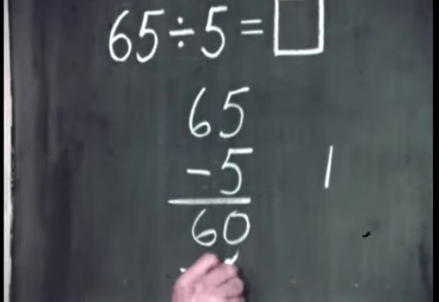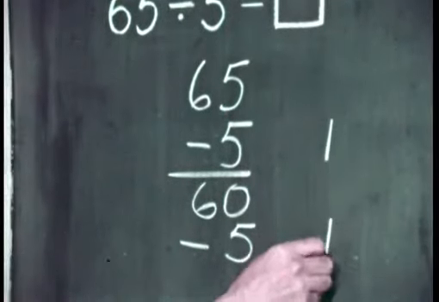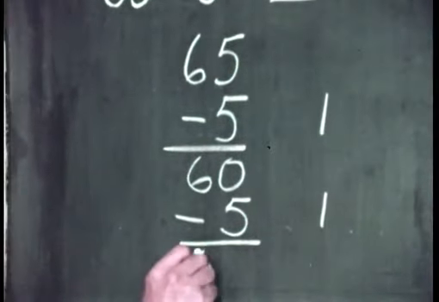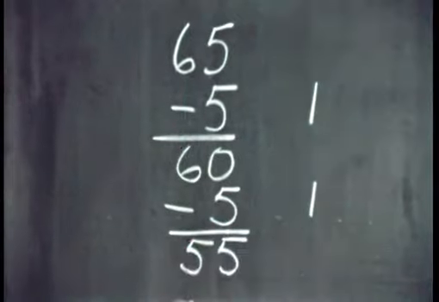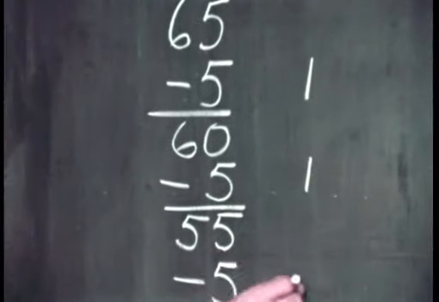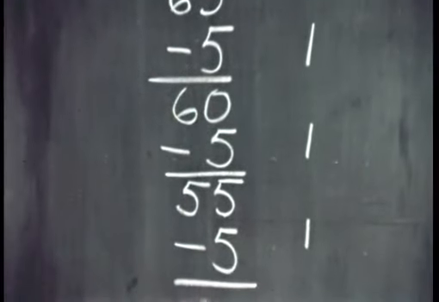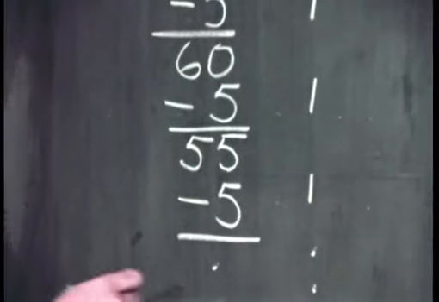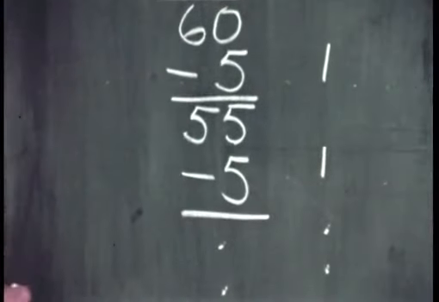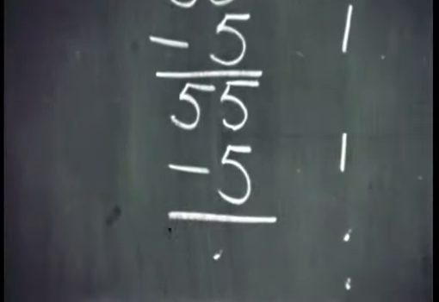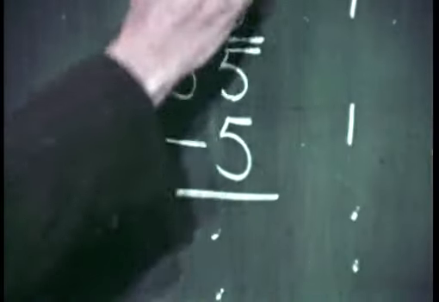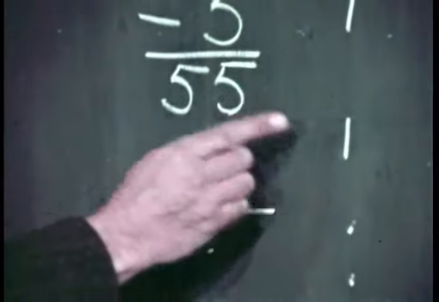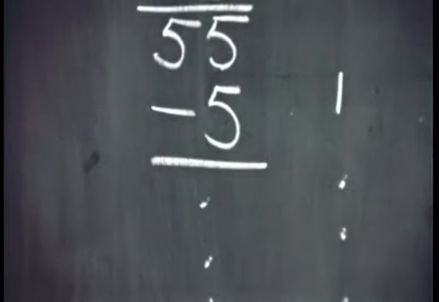Subtract 5 once again. Subtract 5 again, and so on. This procedure can be continued until we reach 0. Then we can count to find out how many 5s have been subtracted.